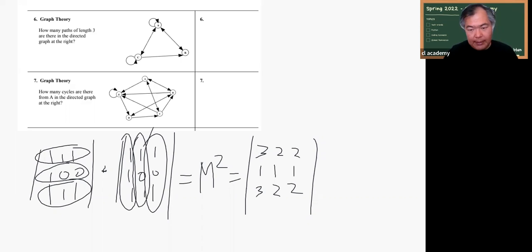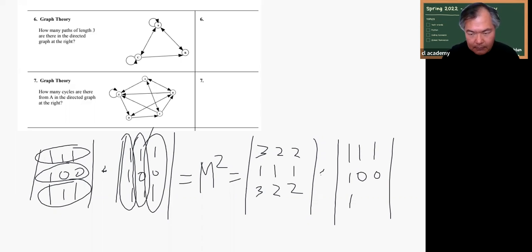Then we get this, and then we need to multiply again by the same original adjacency matrix. That would give us the cube. I'm going to write out the cube here.